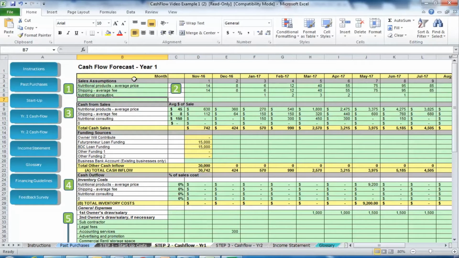So in this particular example, we are using Amar's protein shake, who also happens to have a nutritional consulting business. So he has nutritional products and he comes up with an average price. And because he has shipping, he's selling online, those are fees that are coming into his pocket. So he estimates on average what those fees would be. And then he also has a consulting business, and in this particular case, it's $150 per client.